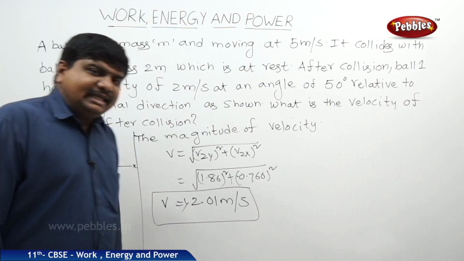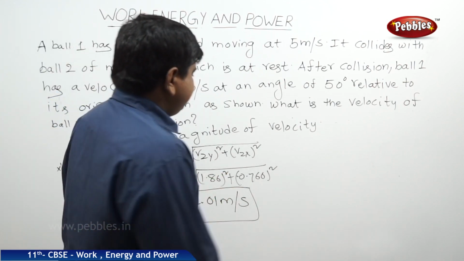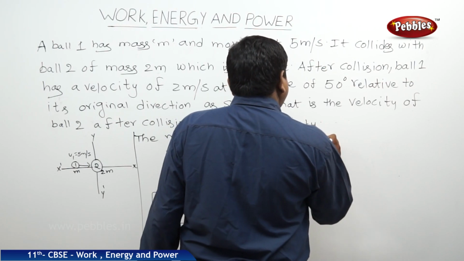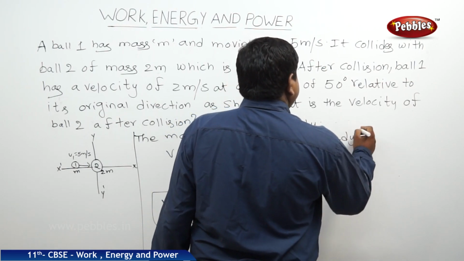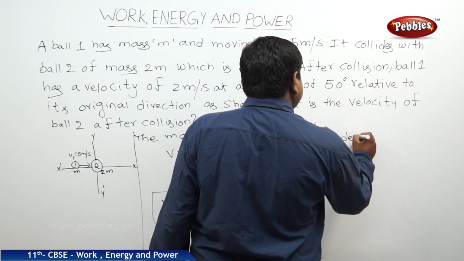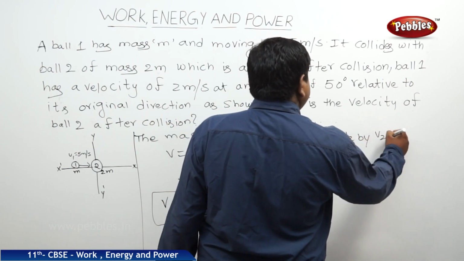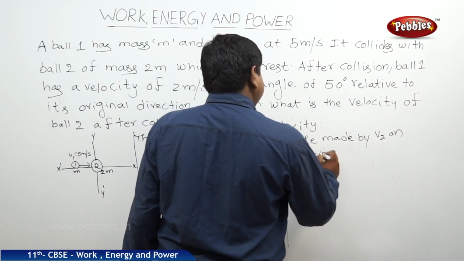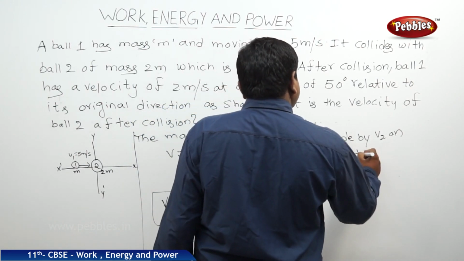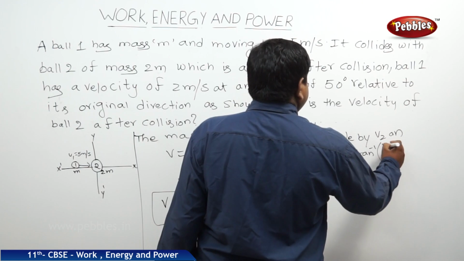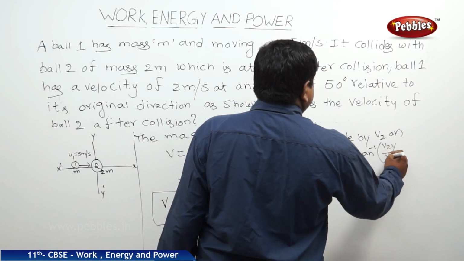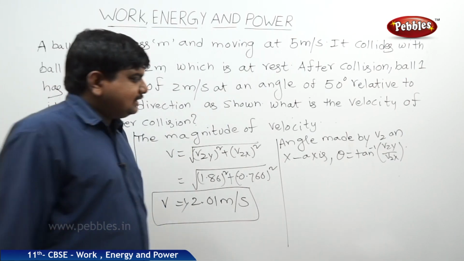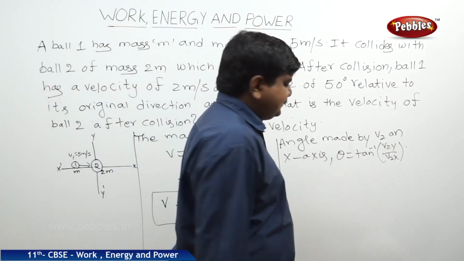Then what is the angle of v2 with respect to x-axis? Angle made by v2 on x-axis: theta is equal to tan inverse v2y by v2x, because tan theta is equal to y by x, theta is equal to tan inverse y by x.